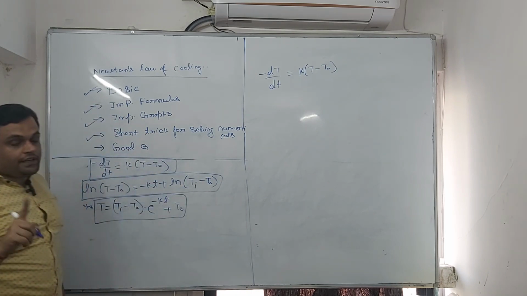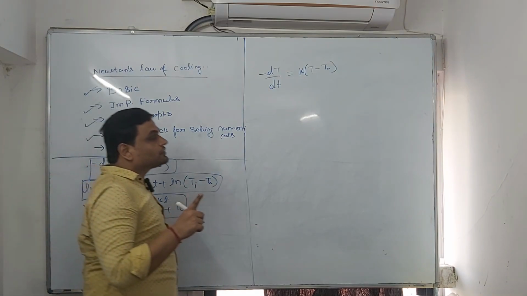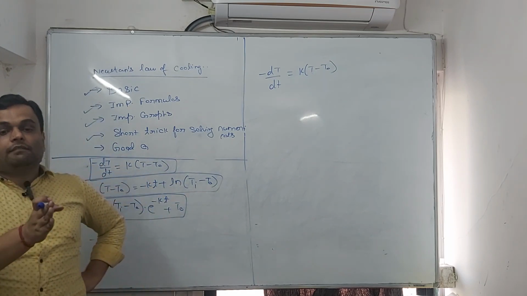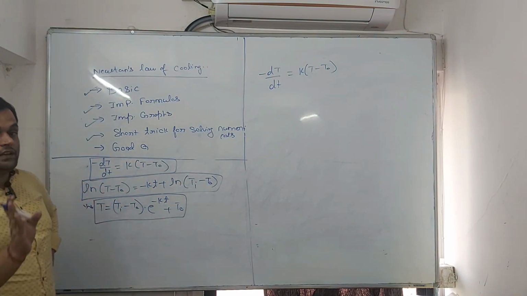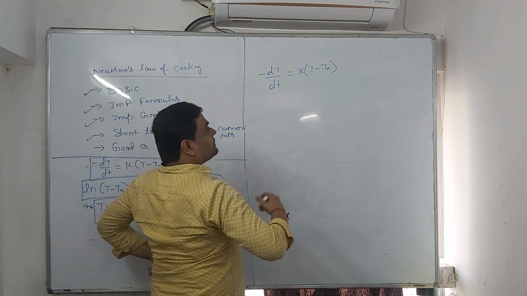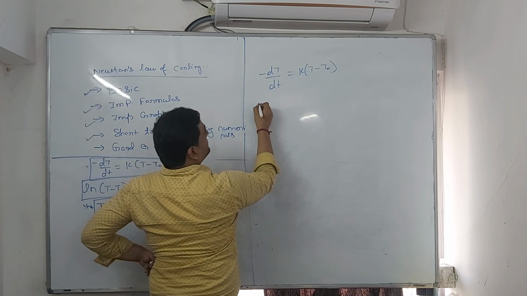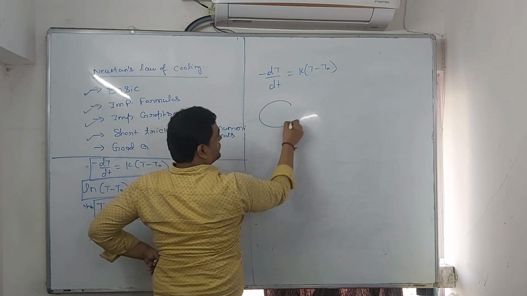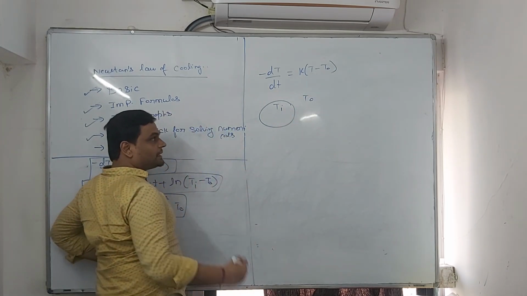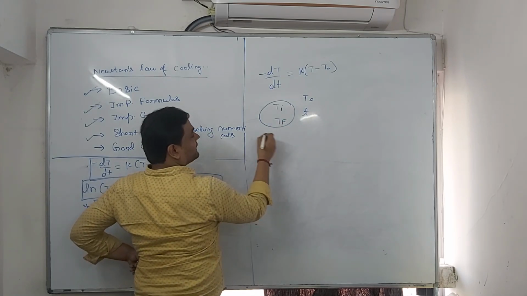Now remember, whenever anything is following a linear relation, we can take the average as initial value plus final value divided by 2. So the average will be initial plus final divided by 2. Similarly, we see it here. Suppose this body has some initial temperature Ti, the surrounding temperature is T naught. After some time t, the body has temperature T final.